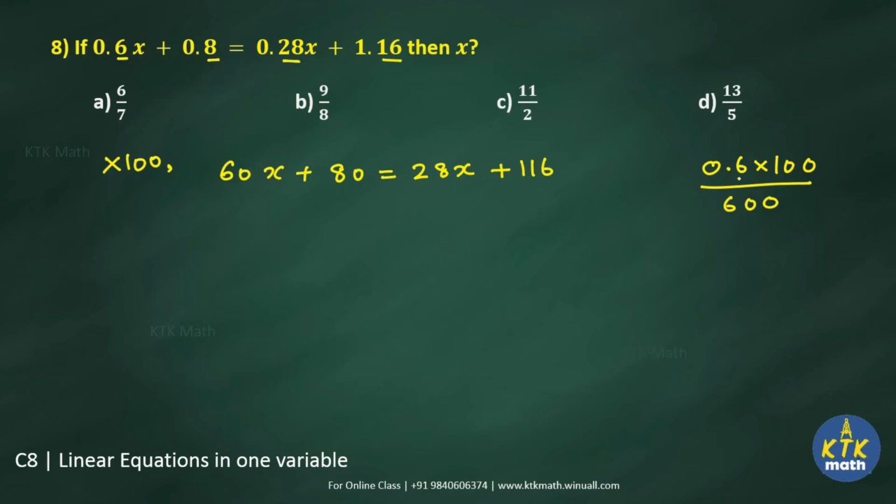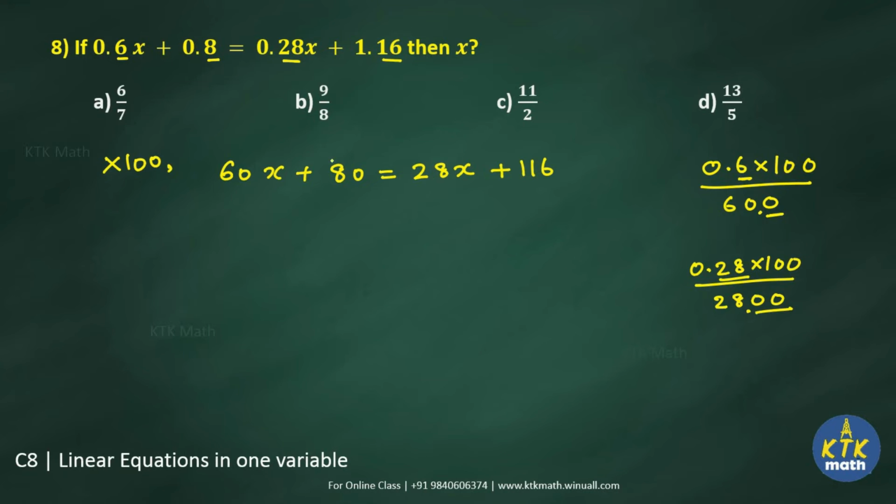You have a point after one number, so leave one number and put a decimal point, so it becomes just 60. Is that clear? In the same way, 0.8 becomes 80. Now on the right hand side, 0.28 multiplied by 100 gives 2800, with the point after two numbers, so you leave two numbers and keep a decimal point, which gives you only 28.